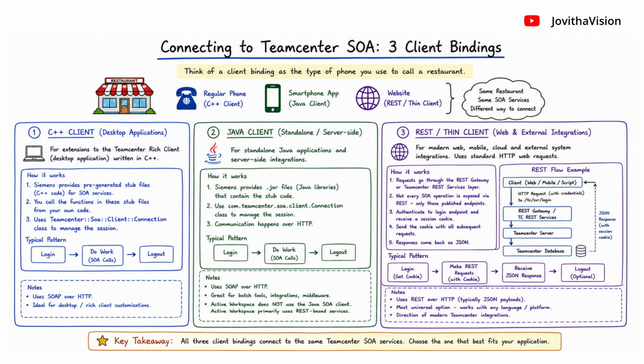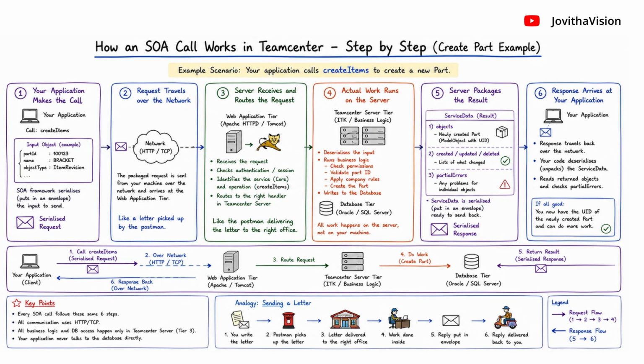For authentication, you send your credentials to a login endpoint, and Teamcenter sends back a session cookie. You attach that cookie to all your subsequent requests in that session. The response comes back as JSON, a structured text format that every modern programming language can read easily, like a labeled list of values.